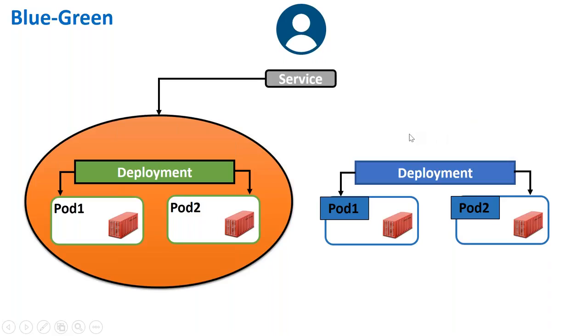At any point of time now, if you look at your cluster, you will have two copies of your application: one which is working, which has the replicas of your old build version, whereas there is another copy which has the new build image or the new build version.